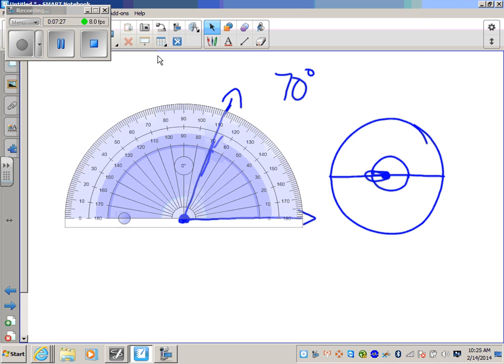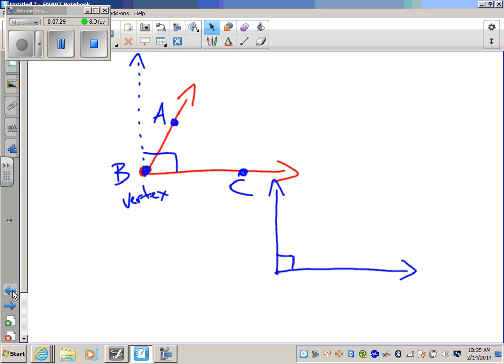Okay, let's go back to this one. We have this angle here, and we've got some letters. Now, we talked yesterday how important it was to label segments, lines, rays correctly. When labeling angles, we use this angle symbol in the beginning.